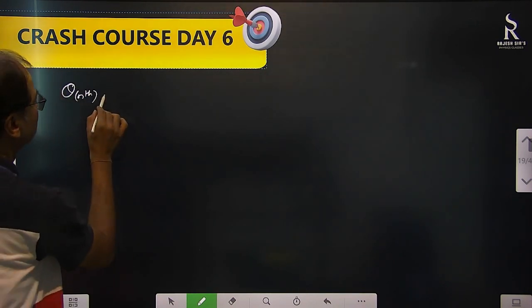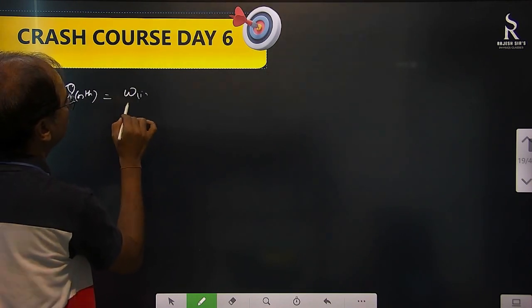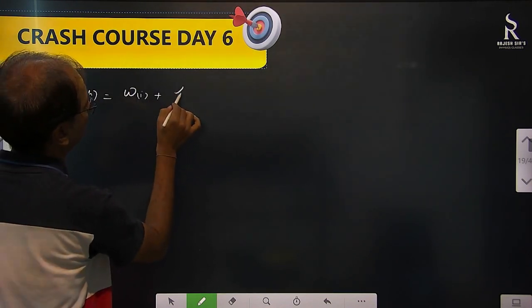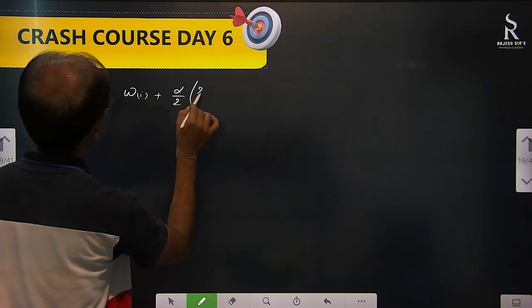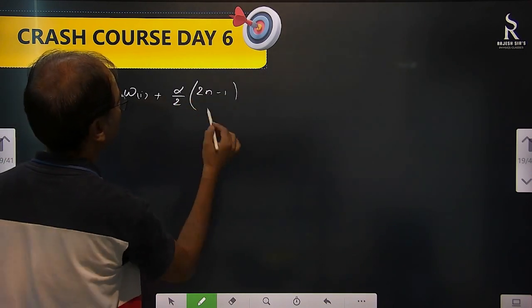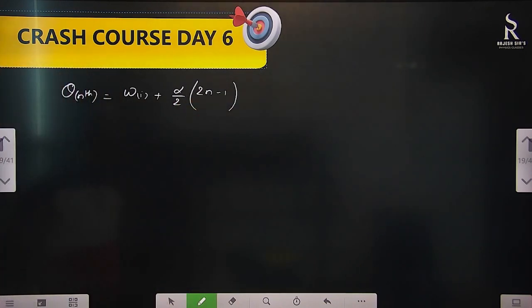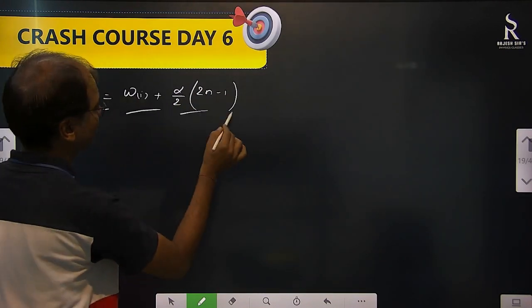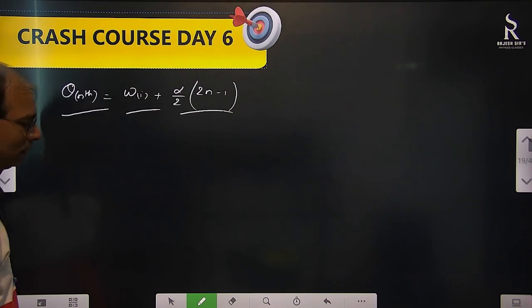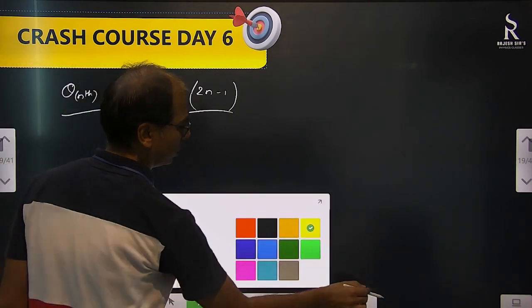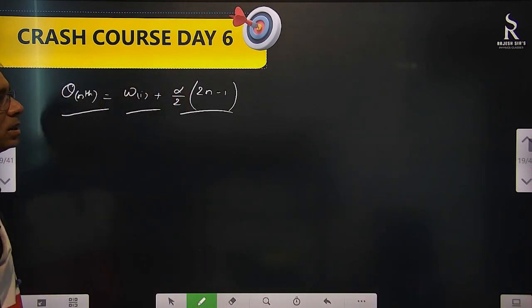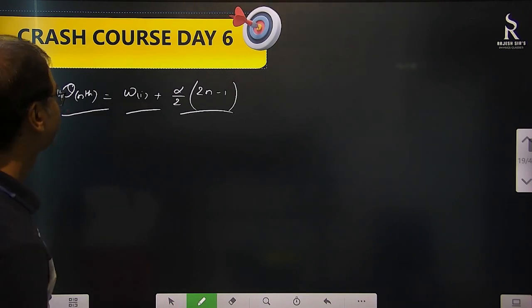Here also, omega initial plus alpha by 2 into 2n minus 1. Perfect. No issue in that. Okay, we can use. If the question is asking, I have not seen any question like that, but we can use it. No problem. So now kinematics we applied, we discussed about omega, we discussed about alpha.